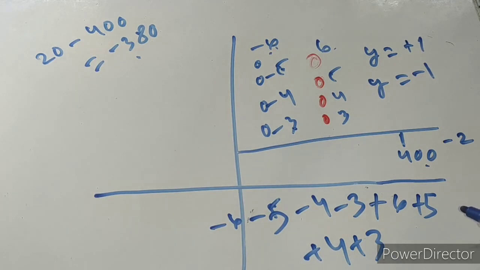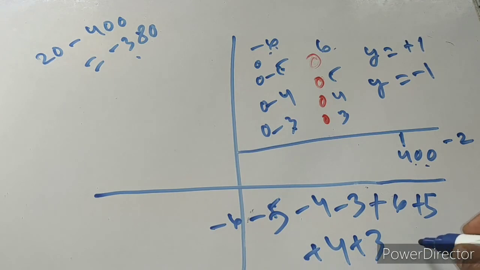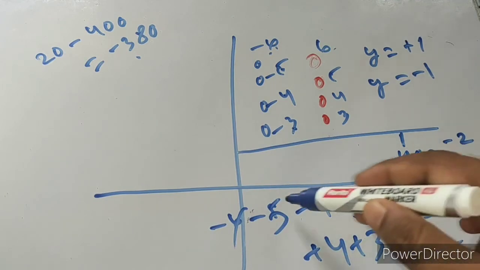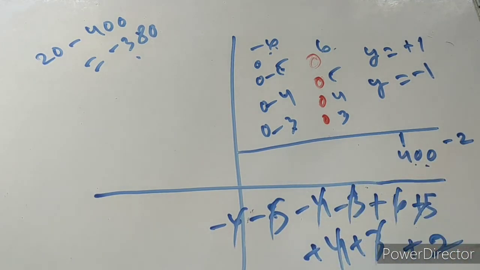Now what is this value? This value is minus 2, and this is below the line, minus 1, plus minus 2 into minus 1. This will be again 2. So this 6, 5, 5, 4, 4, 3, 3 became cancelled.